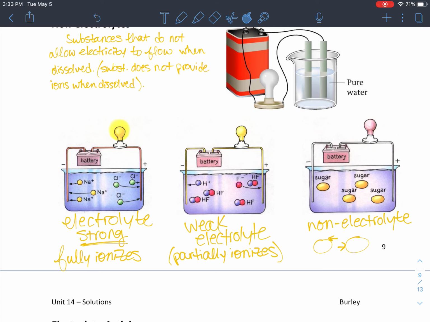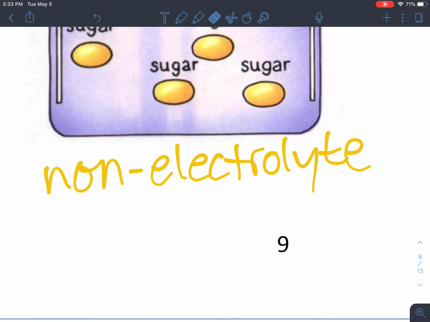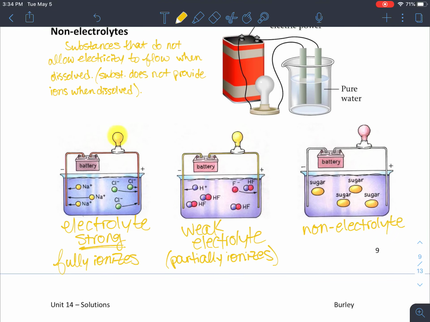So again, if something breaks apart into ions, it can either be a weak electrolyte or strong electrolyte, depending on if something fully ionizes versus partially ionizes. And for our non-electrolytes, it's any polar covalent compound that dissolves, but it does not break apart into ions.